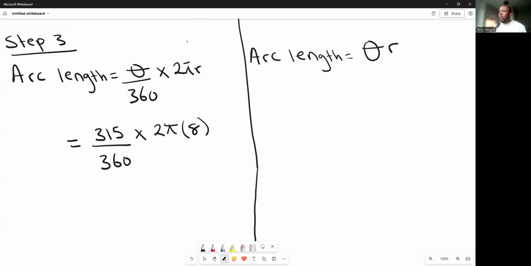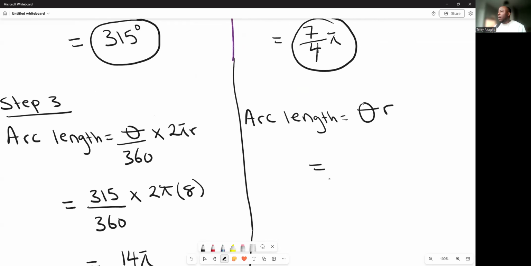When you press this in your calculator, it's going to give you 14 pi. Now with radians, the theta we had was 7 over 4 pi, times the radius, which is 8.